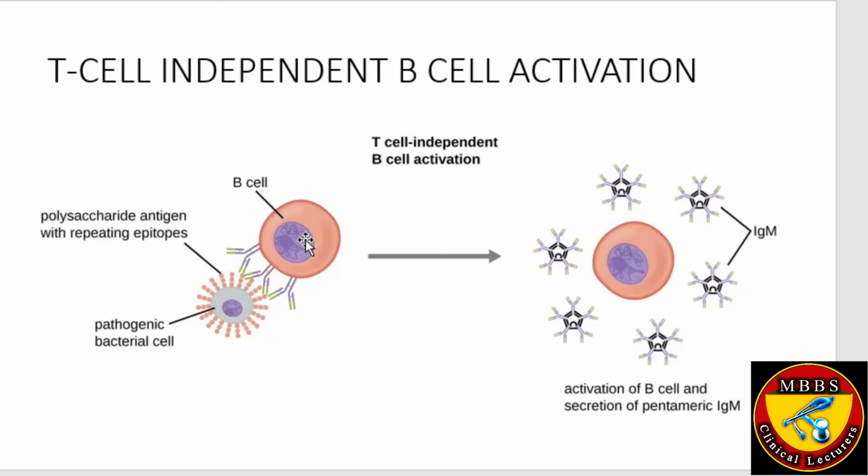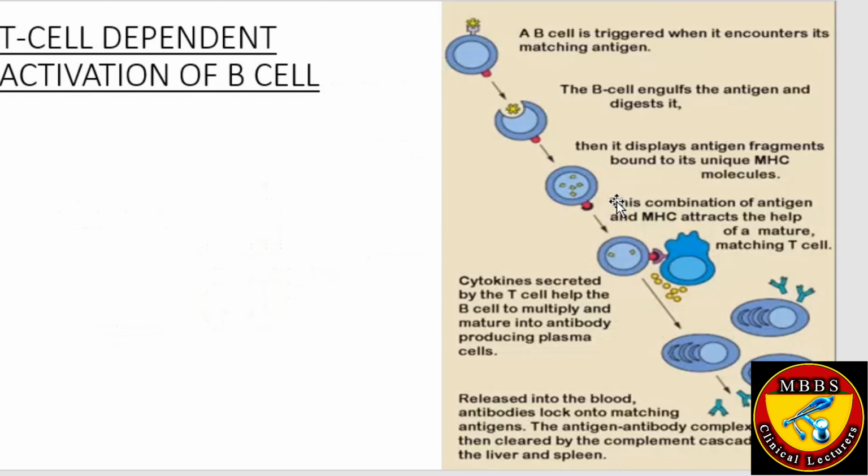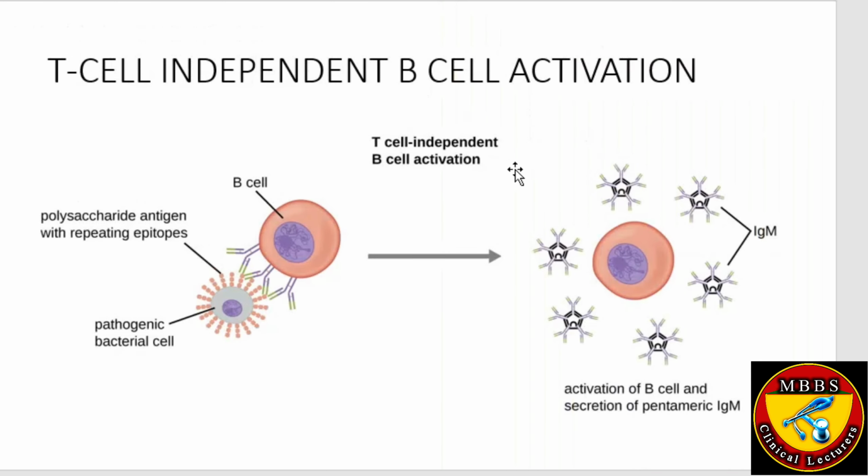Then these B cells become plasma cells and secrete antibodies specific for that antigen. The same process of clonal selection also occurs with T cells. So this is T cell independent B cell activation, in which there is no involvement of the T cell.